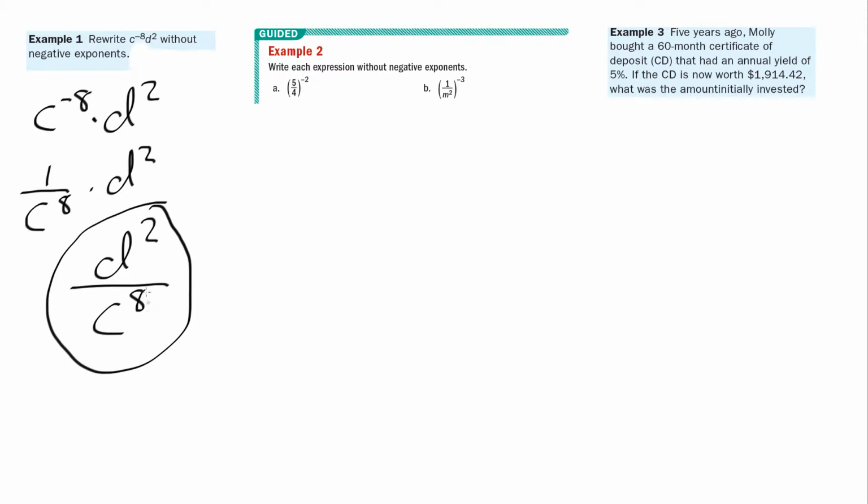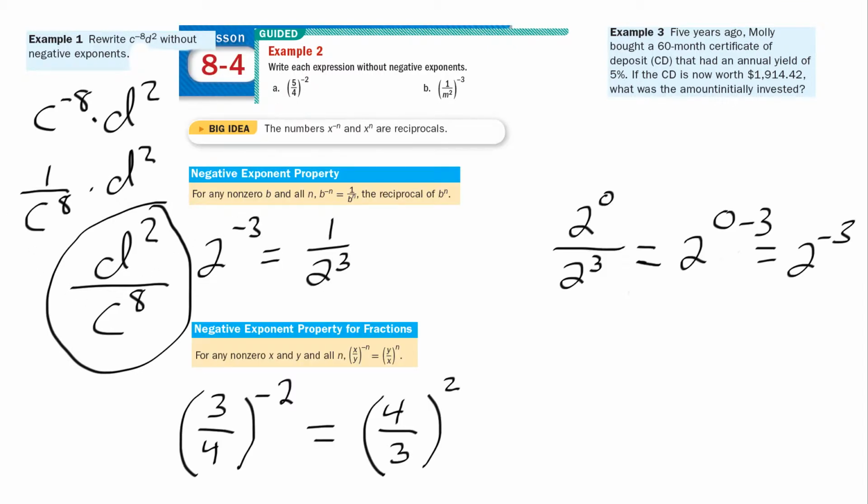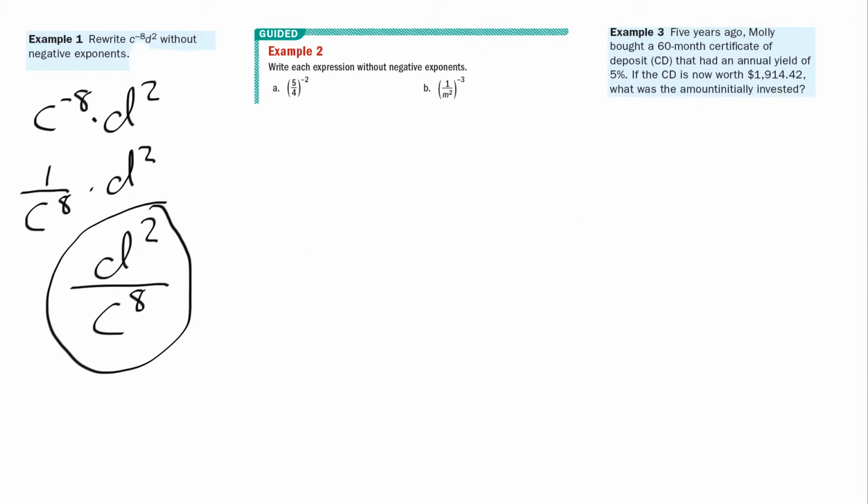Let's look at guided example 2. This is in your book, and it asks to write each expression without negative exponents. So these are fractions, and remember from our negative exponent property for fractions, I simply invert this. So 5/4 raised to the negative 2 power is 4/5 squared.